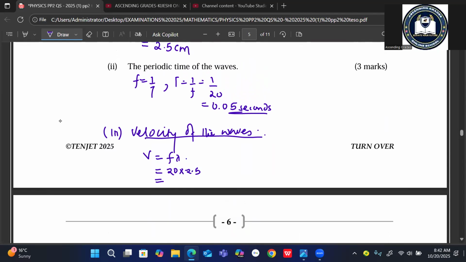This gives us 50 centimeters per second, or 0.5 meters per second.